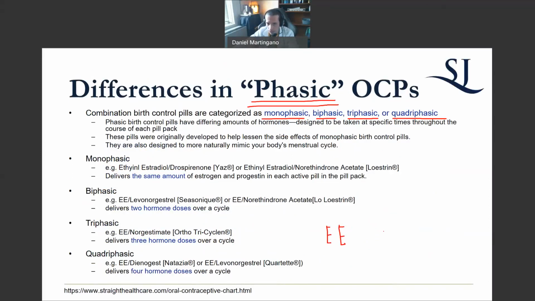You could have estrone, which is E1, and that's in the periphery, as I mentioned. Estradiol is what the ovary makes.